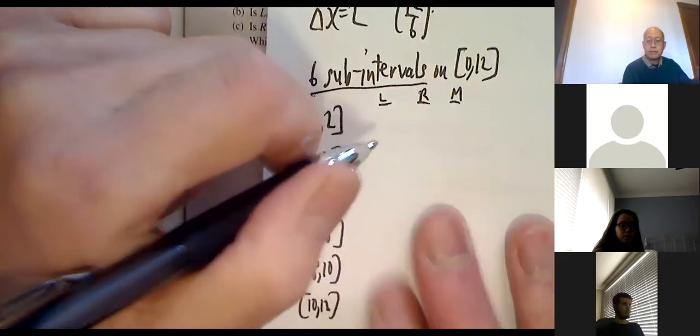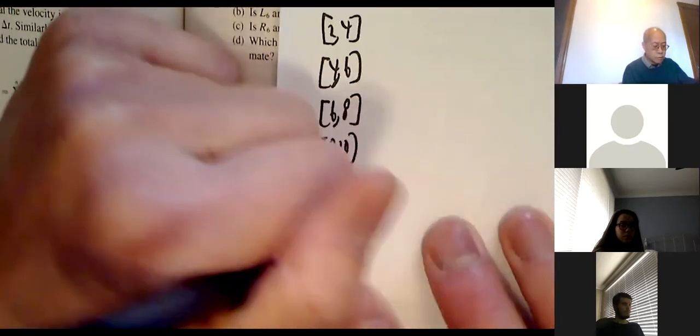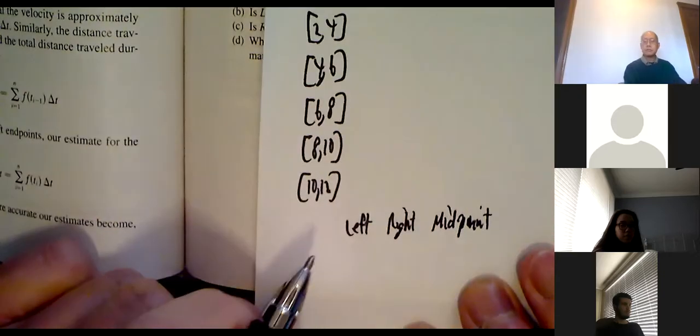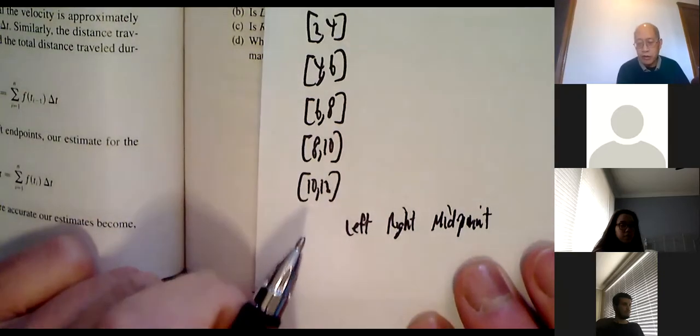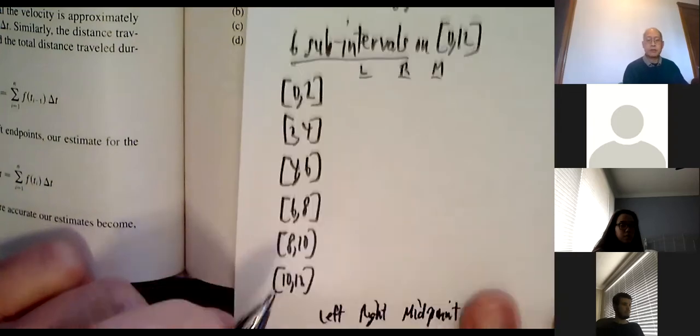Okay. So L is for left, R is for right, M is for middle. Maybe I'll write it down here. Left endpoint, right endpoint, midpoint. Okay, so just for this first exercise, in general, we're not going to write all this down. Just the first time I'm going to do it.